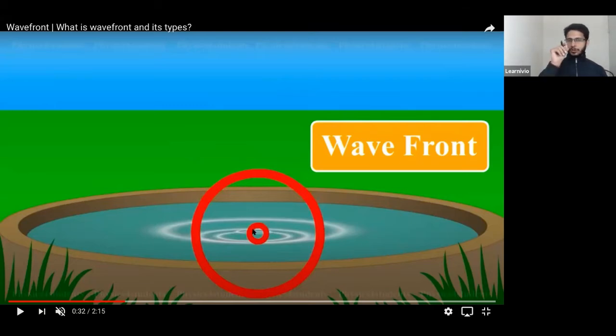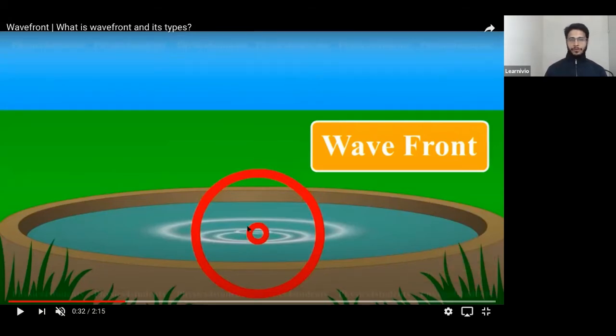If your stone is just a point mass, then these wavefronts are spherical. If your light source is a point-sized bulb, then the wavefront would be spherical. So these are basically wavefronts which we have to study. The thing is, you can see wavefronts for water waves, but you cannot see wavefronts in light waves. What you see is the ray, the direction in which light is traveling.